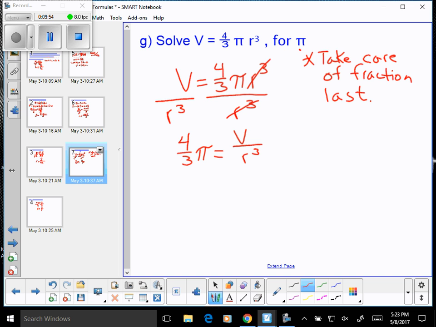Now, here's where you take care of that fraction last. We're going to multiply both sides by the reciprocal. If you try to divide both sides by 4/3, you're not going to get a simplified answer. Remember when we had equations like 2/3 n equals 6? We didn't divide both sides by 2/3, we multiplied by the reciprocal of the coefficient.